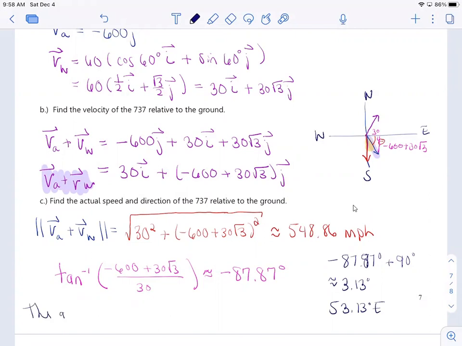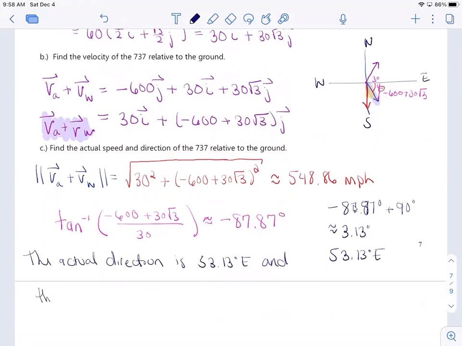So the actual direction is 3.13 degrees east of south, and the actual speed is 548.86 miles per hour.